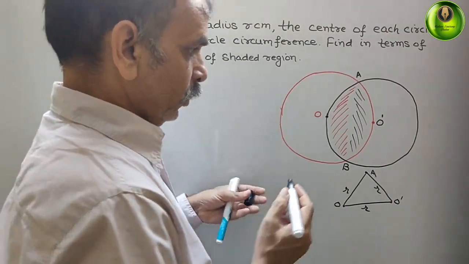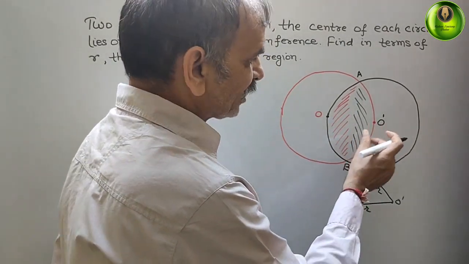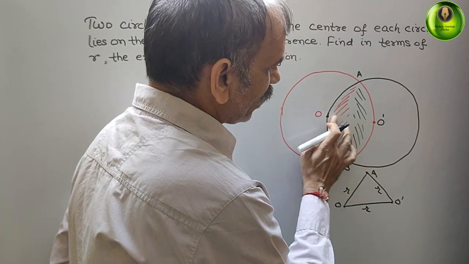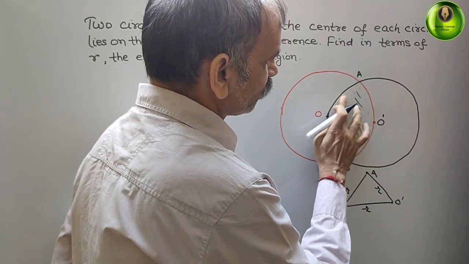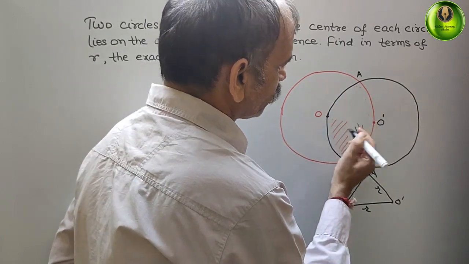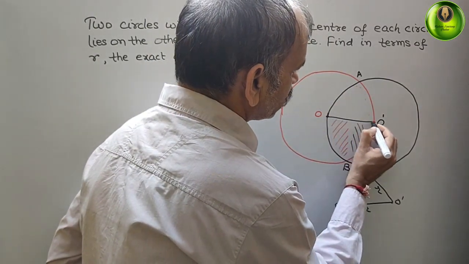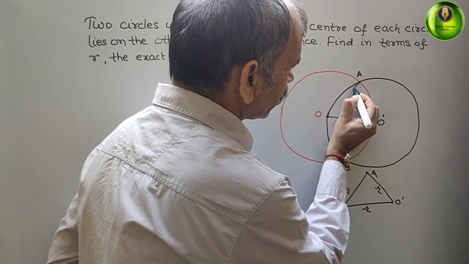Now, here we will construct it. I am rubbing the upper part of the shaded region to make you understand. See this. This is your radius. This is again a radius.